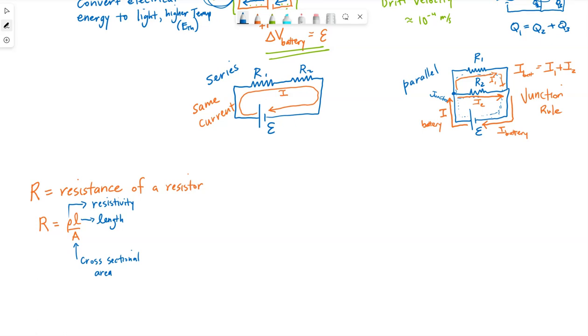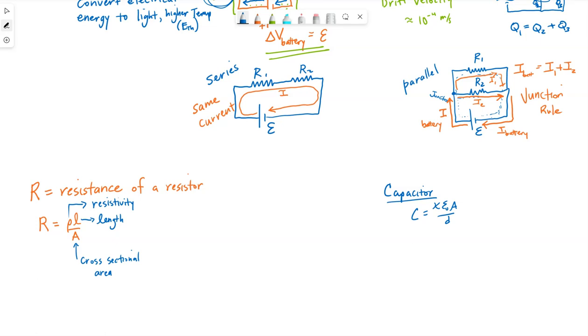So similar to a capacitor, I'm just going to rewrite our capacitor to the side. We've already talked about the capacitor, but just as a reminder, capacitance of a capacitor depends upon the dielectric constant, our constant epsilon naught. It depended upon the cross-sectional area of the plates and the distance between the plates.